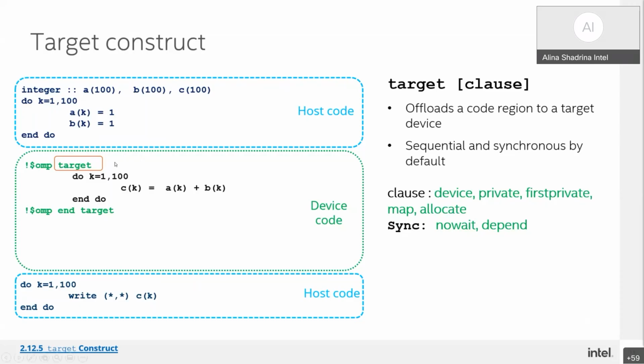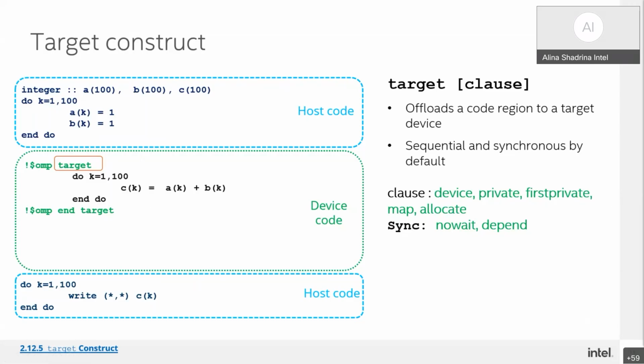This pragma transfers the control flow to the target device. The target directive offloads the code after this pragma until the end target pragma to the device.